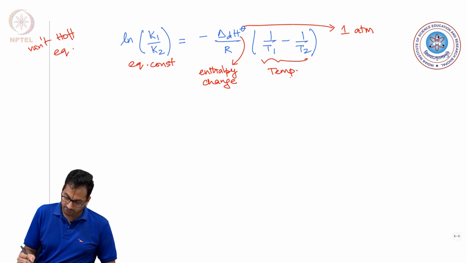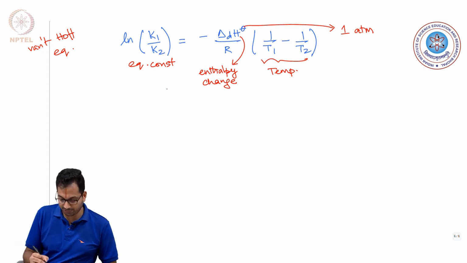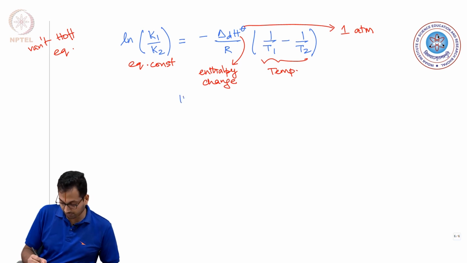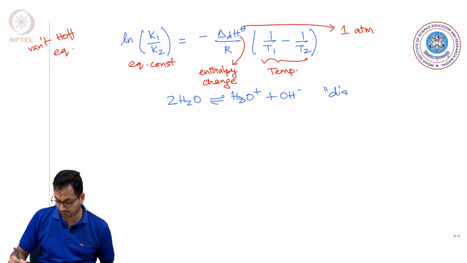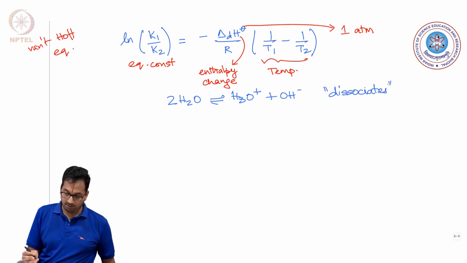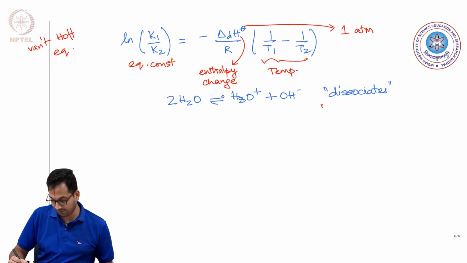So, now when you have an equation like this, one has to understand what the enthalpy change will be when water dissociates to form the hydronium ion and the hydroxide ion. As I just mentioned the word dissociates, we are able to imagine that you have to supply energy.